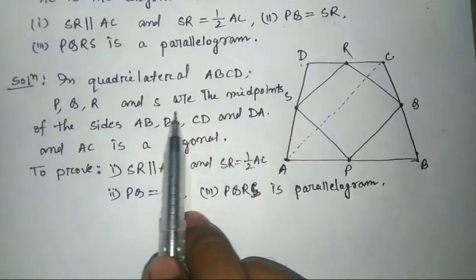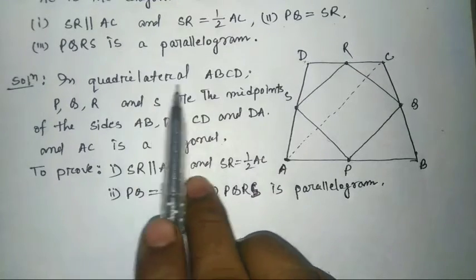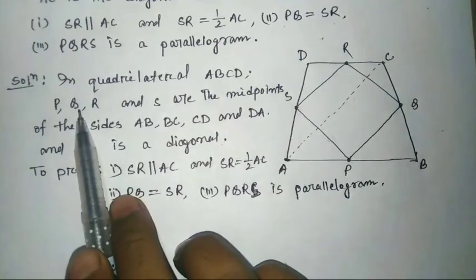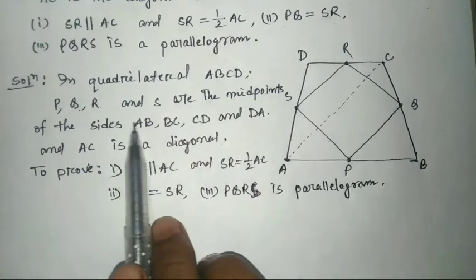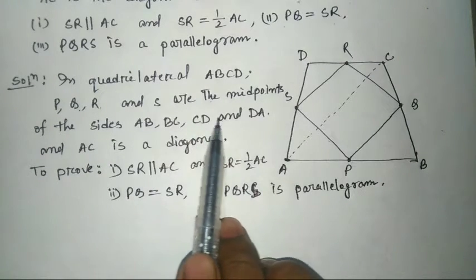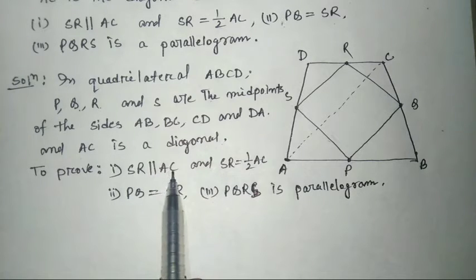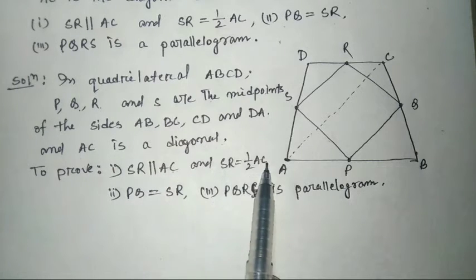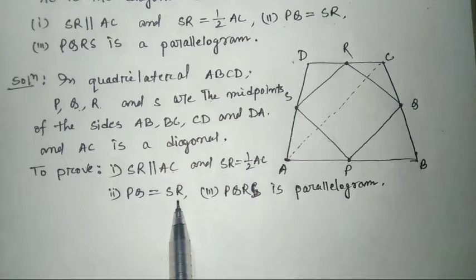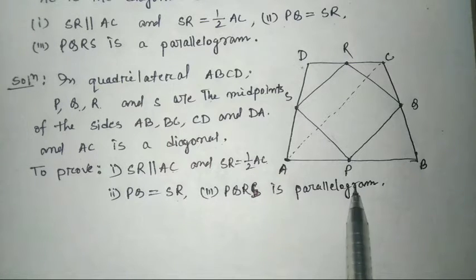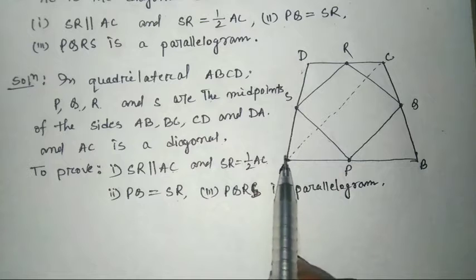Here I have just written what is given in the question. In quadrilateral ABCD, P, Q, R and S are the midpoints of the sides AB, BC, CD and DA, and AC is a diagonal. To prove: SR is parallel to AC and SR is half of AC, PQ is equal to SR, and PQRS is a parallelogram. We need to prove these things.